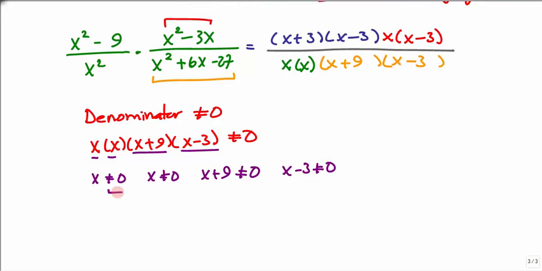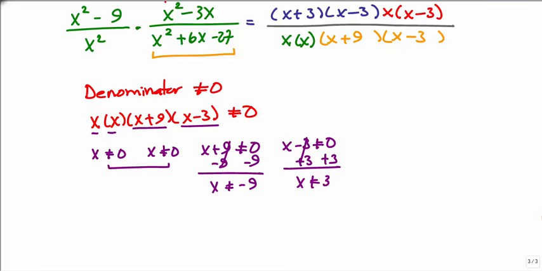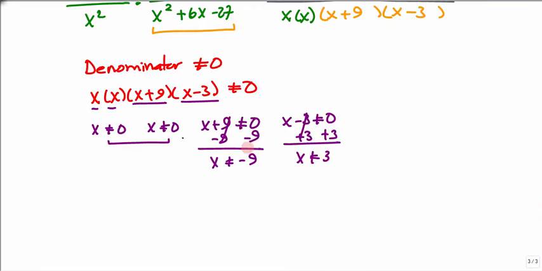Now these are both already solved for. They're the same restriction. So we'd subtract 9 from both sides, and you get x cannot equal negative 9. We'll add 3 to both sides, and I get x cannot equal 3. So I have 4 restrictions here. 2 of them are the same.